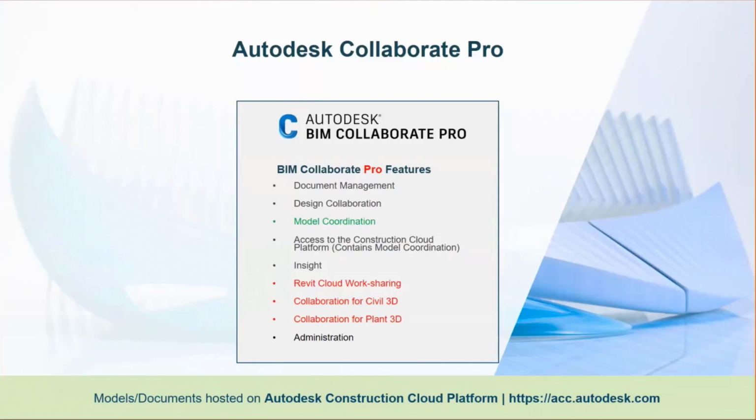What we also get with Collaborate Pro is access to the Construction Cloud platform. So we can host our data within the ACC platform, or we can host our data within the BIM 360 platform, which might be what you'll be more familiar with as it's an older platform. And you get insight into your entire account, into your entire hub.